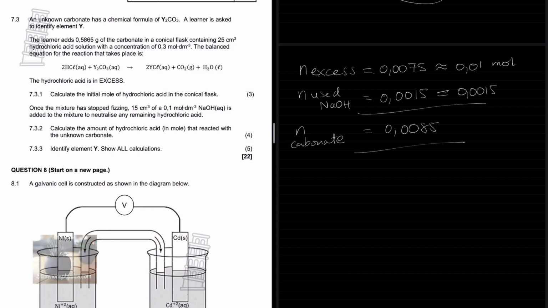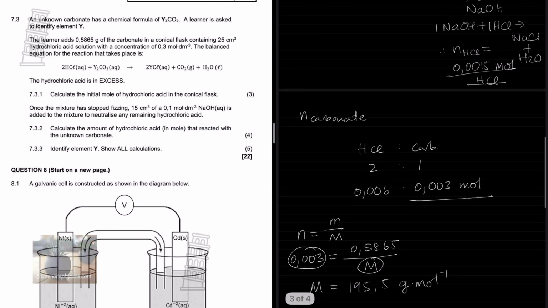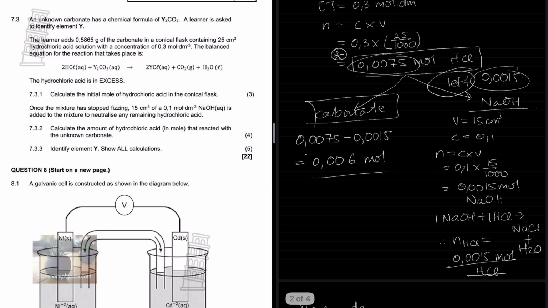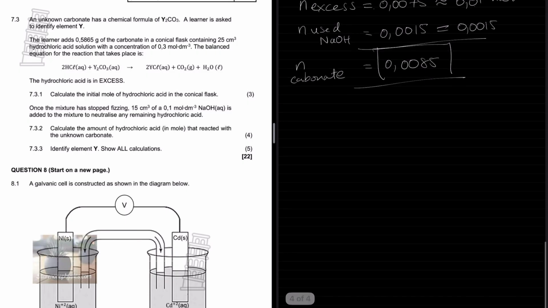Now notice, this is 0.0085. When we calculated it, we got 0.006. So it's quite a difference. And that difference will then carry forward. So the number of moles of the HCl that reacted with the carbonate was 0.0085.